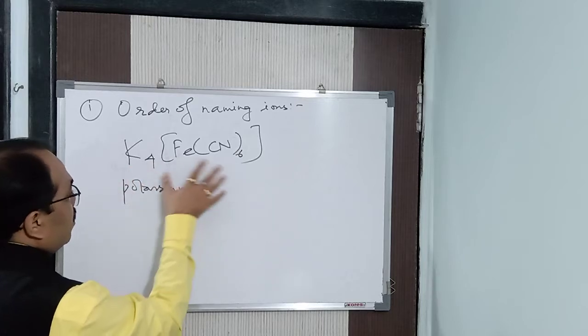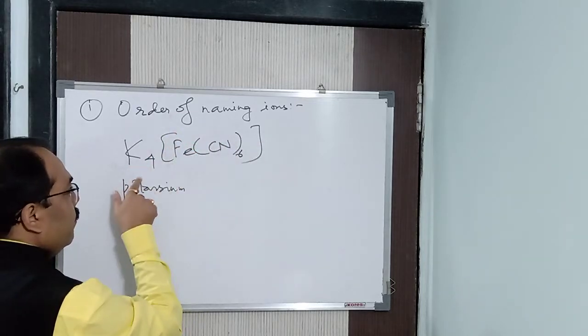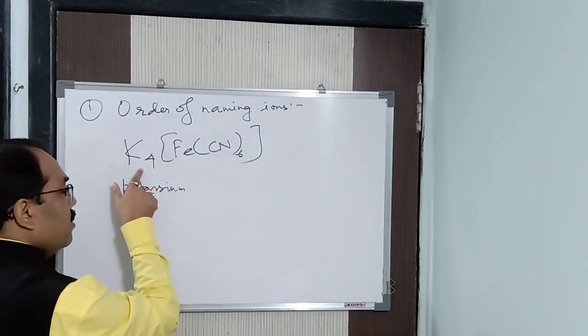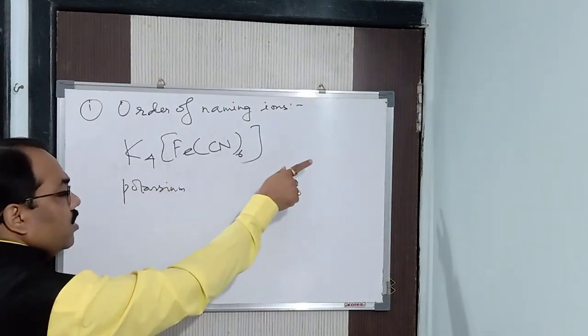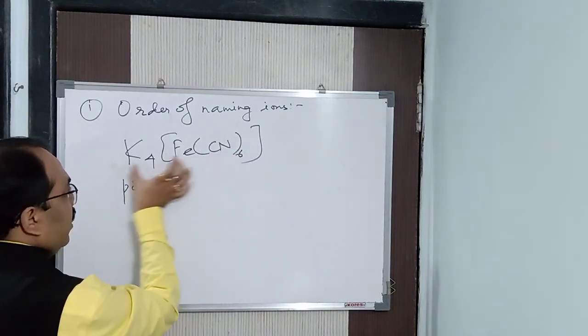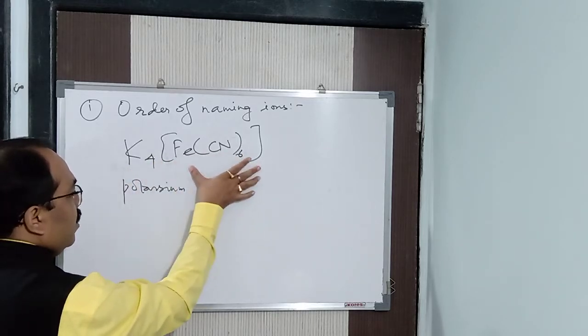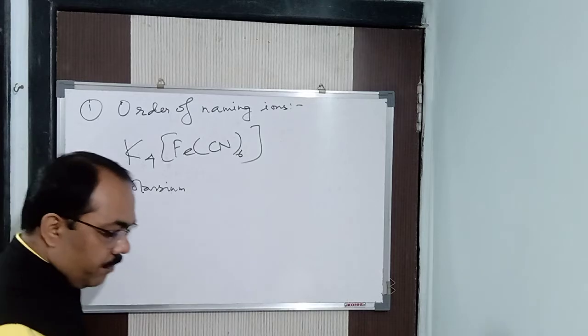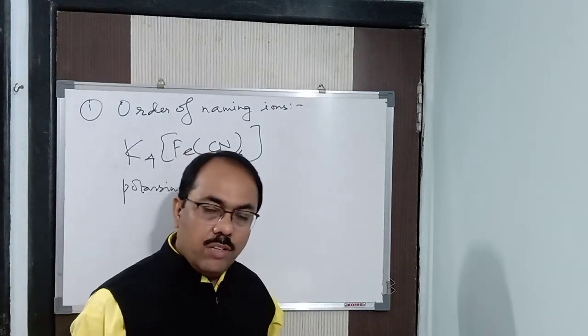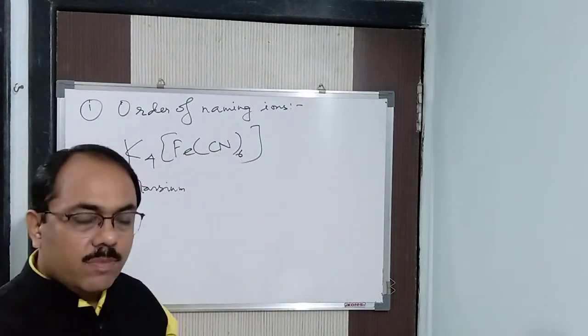So here you know this is an ionic complex. Here the counter ion is a simple ion, a cation. You can see it here because it will dissociate to give 4K+ and [Fe(CN)6]4-. So this is the cation and this is the anion. So the cation is written first, then the anion. Clear? Fine. That is what I want to say in the first rule. We should start with a small letter.